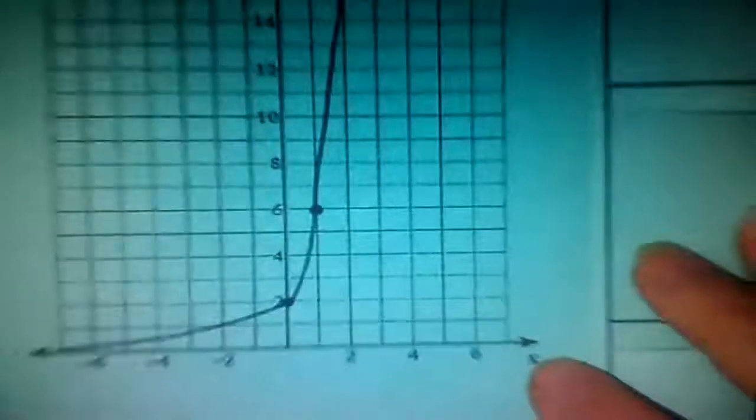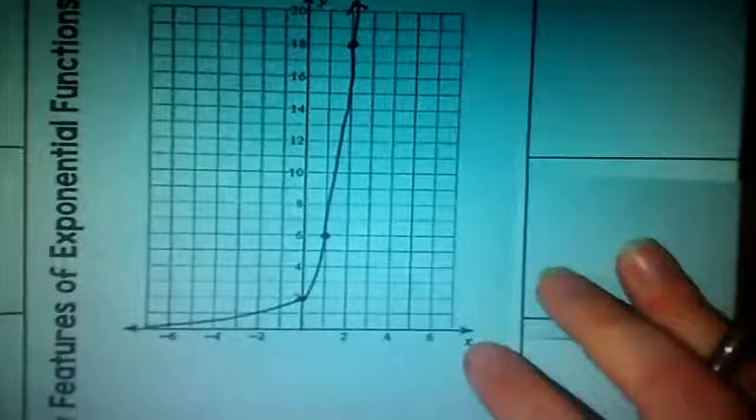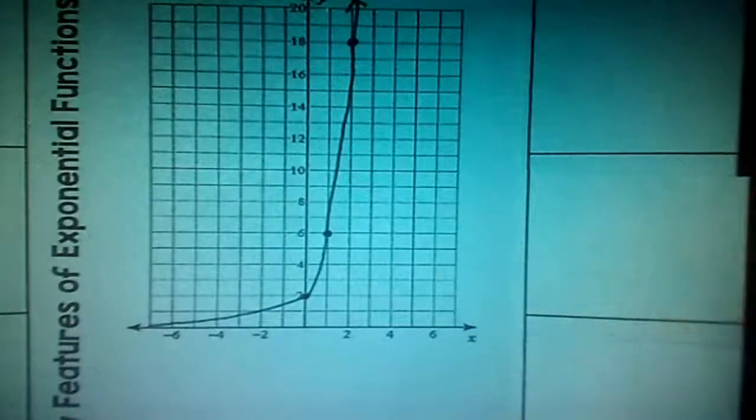Once you glue that in, I want you to quickly plot these 3 points and draw your exponential graph. On your next piece, I need you to plot those 3 points and draw your graph.